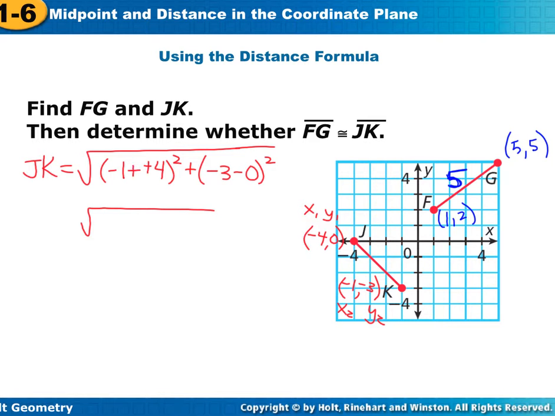Minus negative 4's plus positives, so that's 3 squared plus negative 3 squared. 3 squared is 9. Negative 3 squared is 9. It's not negative 9. You have 9 and 9, square root of 18.